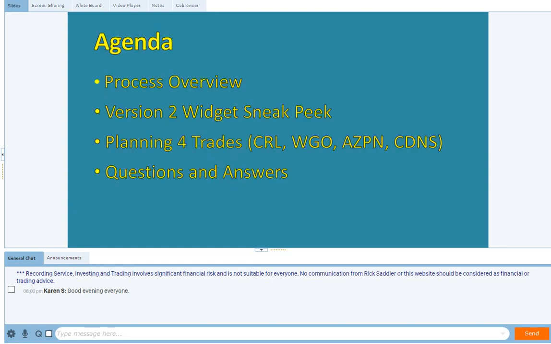I'm not sure how long tonight's program will last. A lot of it will have to do with how many questions you have, but basically what I want to do is give you a sneak peek of Trader Vision version 2. Talk about the process of trading, a good trading process, which is what Trader Vision is built to support.